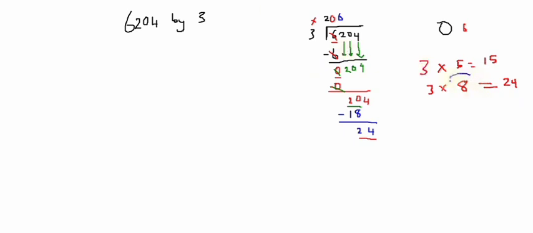So we're going to use this 8 here. 8 times 3 gives us what? 24. So what do we do next? We subtract it. So once you subtract, 24 cancels 24, and we're left with what? 0. So in this question here, we don't have what we call a remainder. We have reduced everything into 0. So this is what we have.